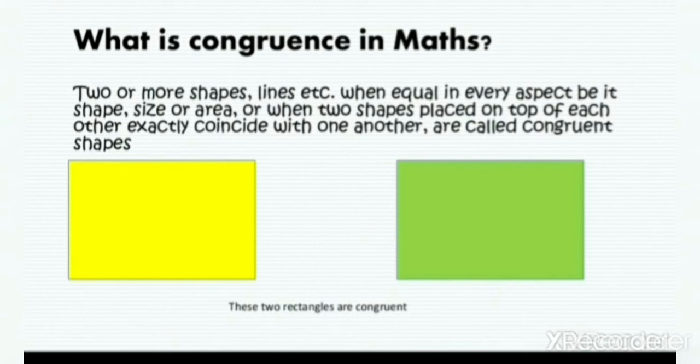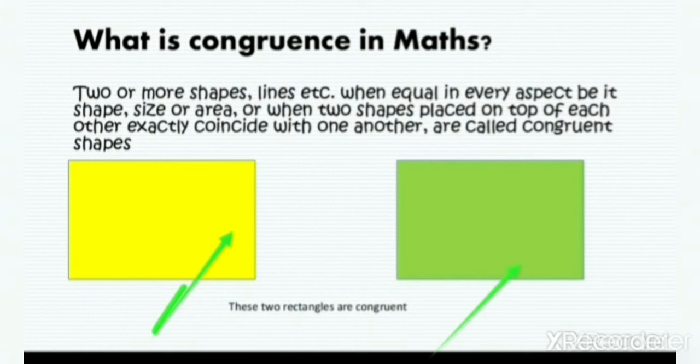If we place shapes on top of each other and they exactly coincide with one another, they are called congruent shapes. Here you can see two rectangles, yellow and green.